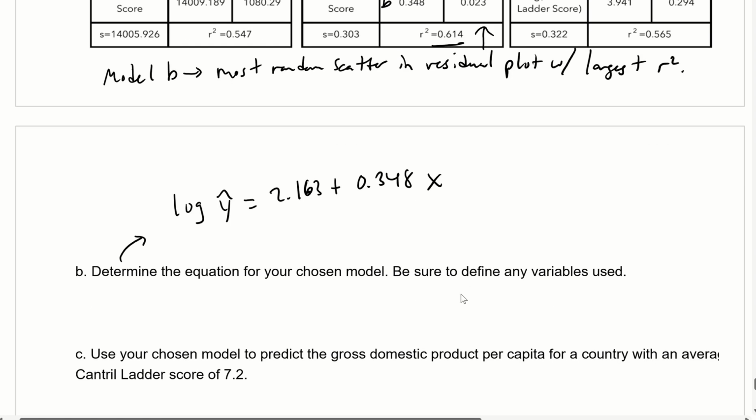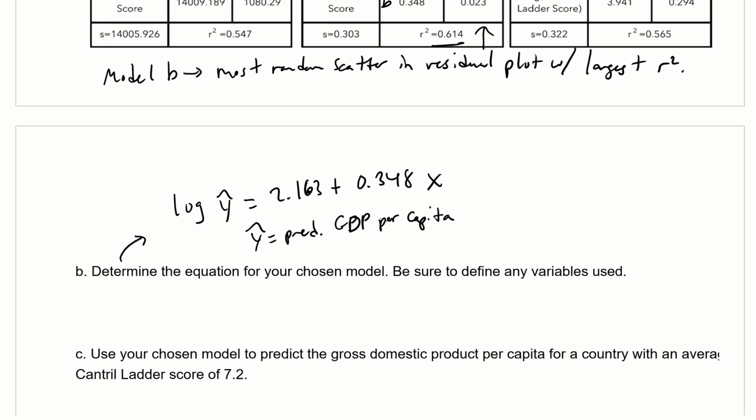So you just gotta be careful with that. So y hat is the predicted GDP per capita, and x is equal to Cantril ladder score.